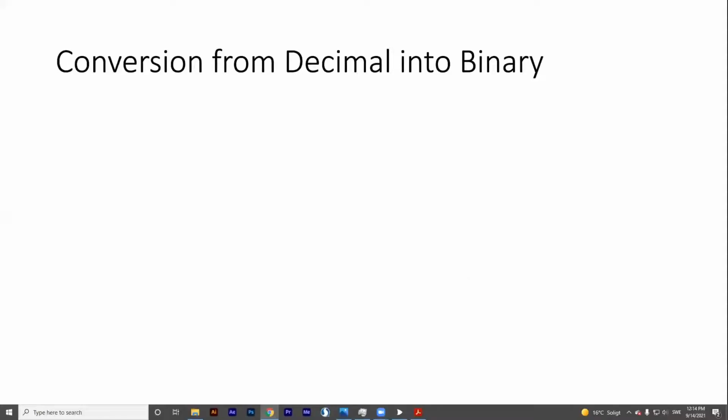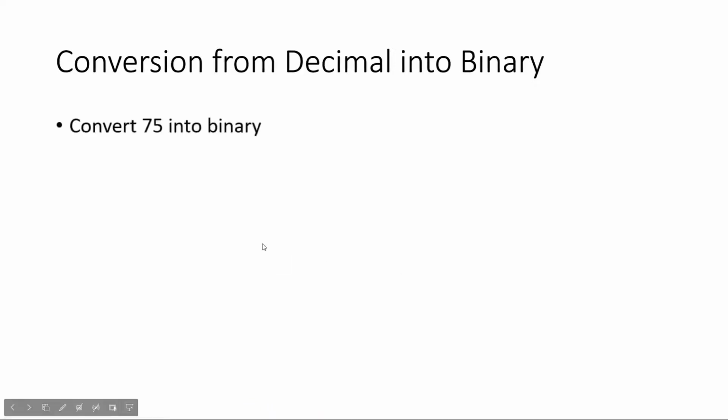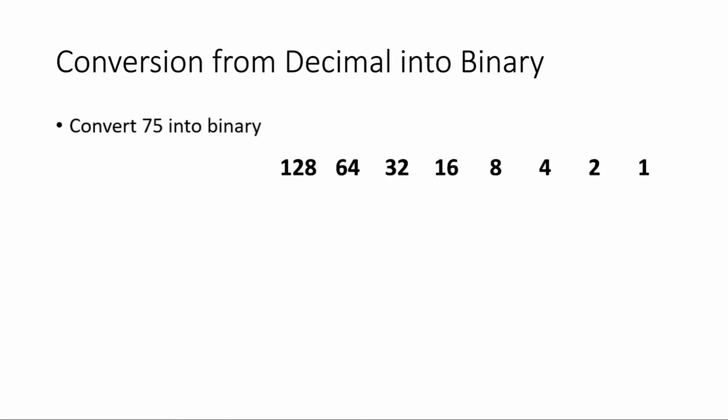Now let's see how we can convert decimal numbers into binary numbers. Let's proceed by examples. First, we want to convert 75, which is a decimal number, into its binary representation. So when we want to work with binary numbers, it's good that we remember powers of 2, we should write a list of them. We start with 1, which is 2 to the 0, then 2, which is 2 to the 1, then 4, 8, 16, 32, 64, 128.